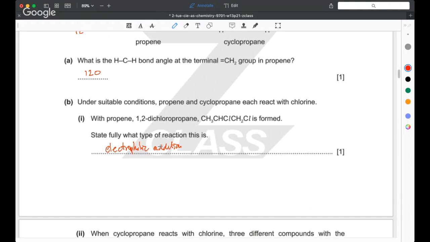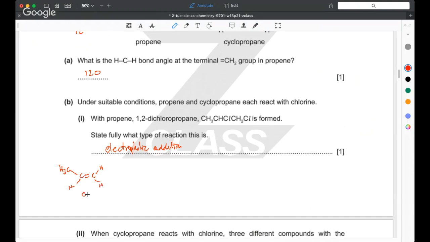Now, it's not asked in the question here, but just to make sure we understand why that is, if I draw out a displayed structure of the propene, you've got this, haven't you?